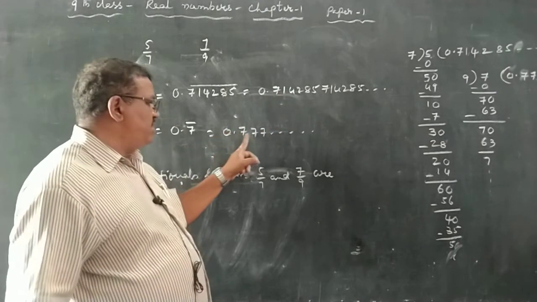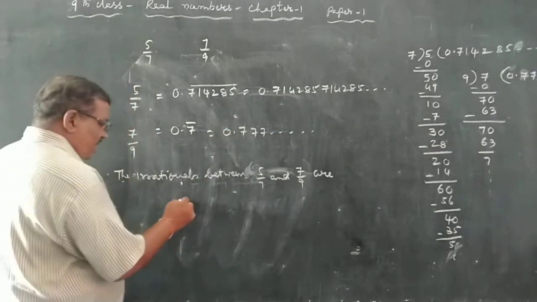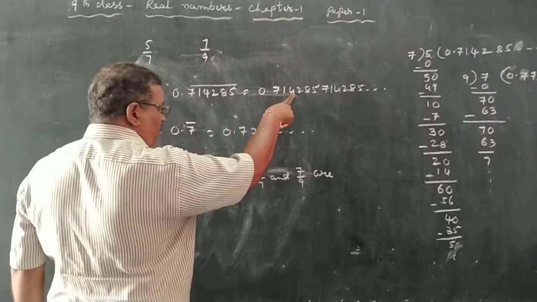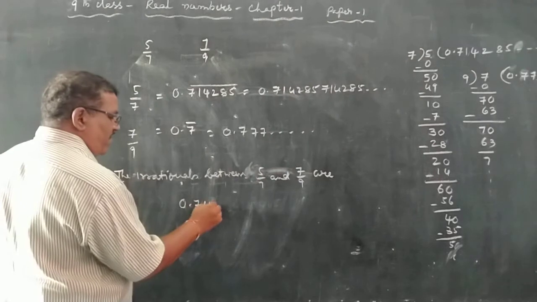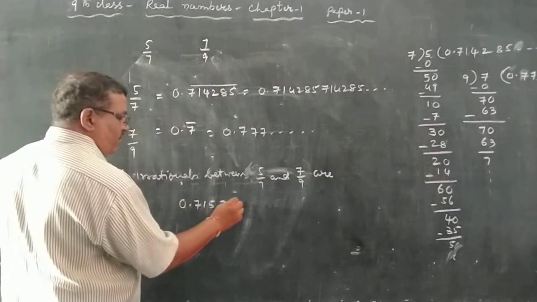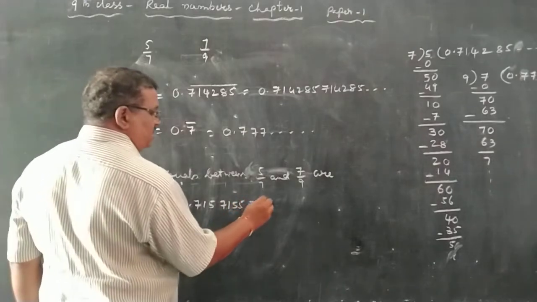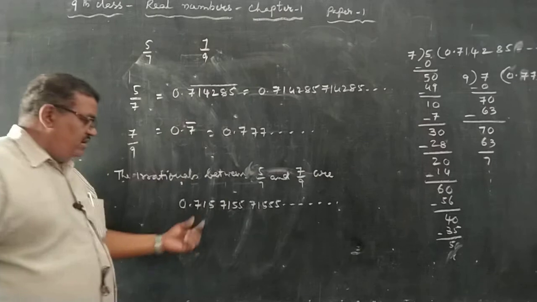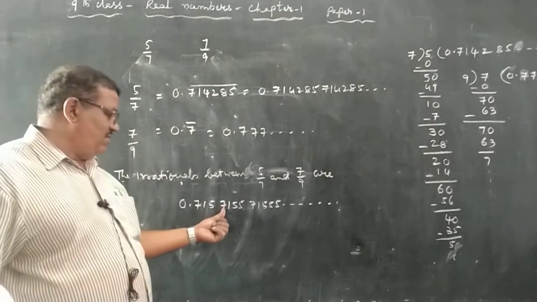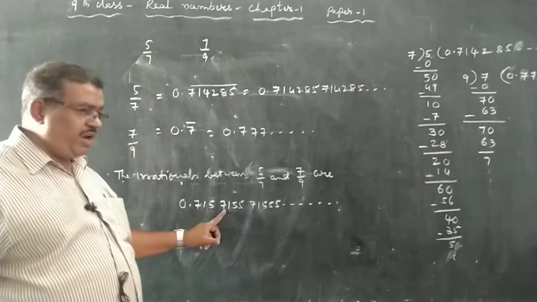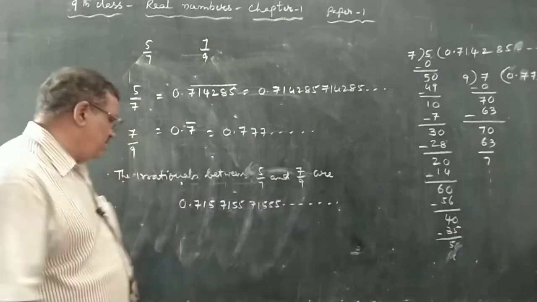This one is 0.77. We can write so many irrationals: 0.714, 0.715, 0.716, 0.7155, 0.71555, and so on like this. 715, 7155, 71555, and so on, which is neither terminating nor repeating.